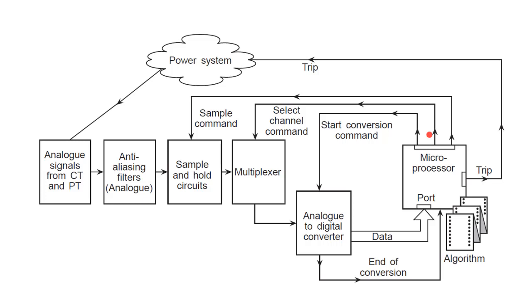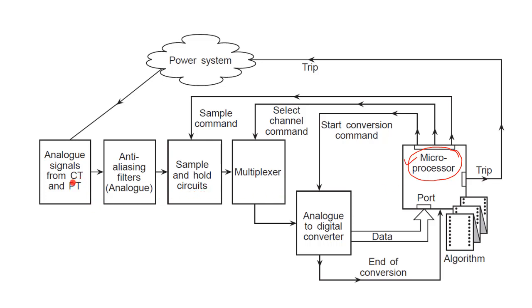So this is a basic diagram for a numerical relay. The main building block is the microprocessor, right. We know this is a numerical relay, therefore a processor is very essential, whether it is a microprocessor or a digital signal processor. So the microprocessor plays a very important role.